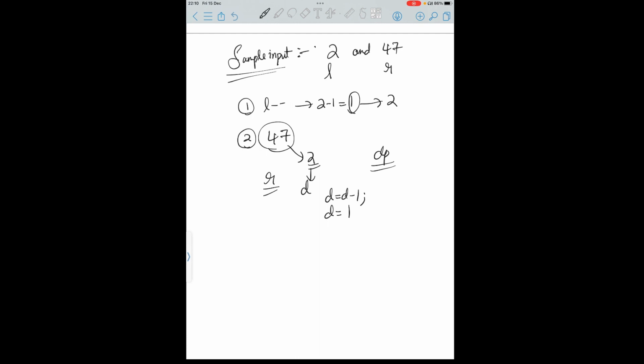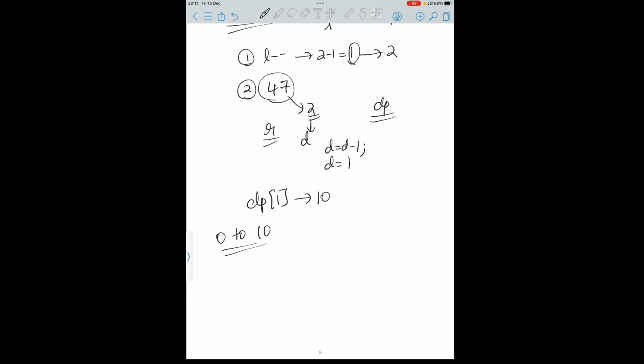Now d equals 1 for 47, and we look in the DP array for 1, that is the number of integers from 0 to 10. We know that the answer is 10. Now, since we have covered 0 to 10, we are yet to cover 11 to 47. You know that from 0 to 10, there are 10 such numbers. All you need to find out is from 11 to 47.